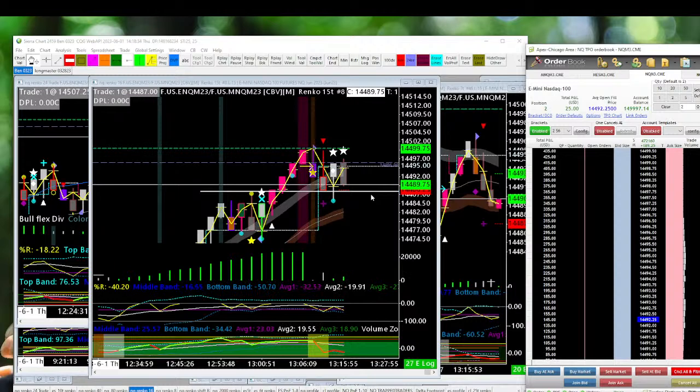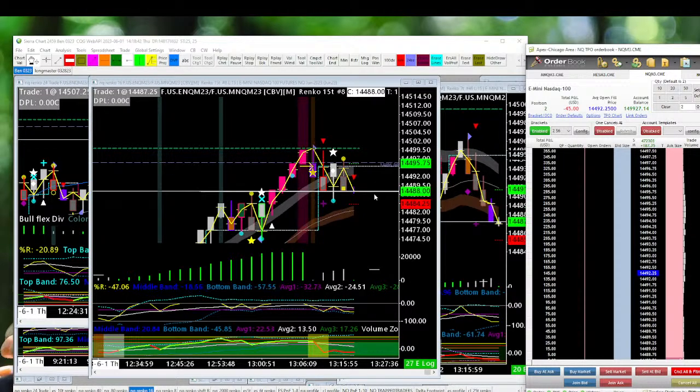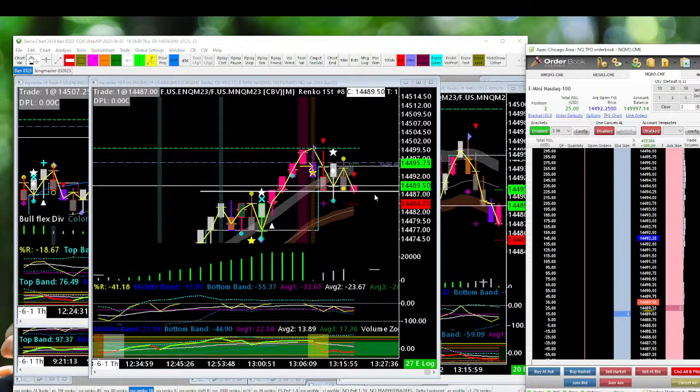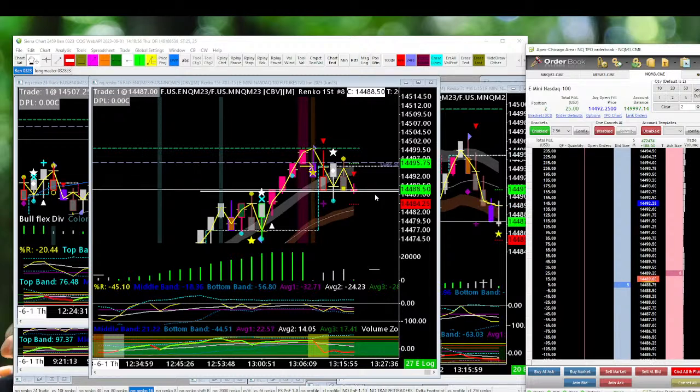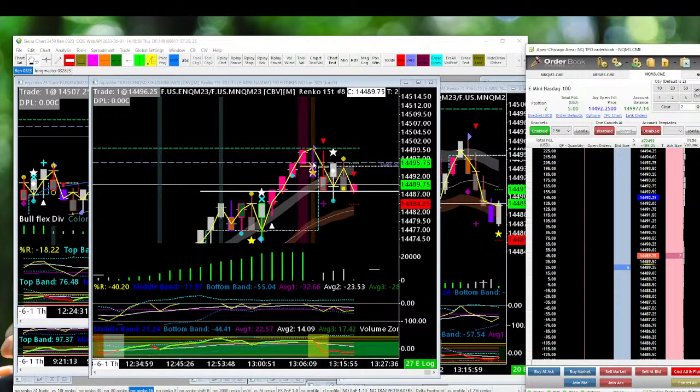It'll be a small stop, but not looking good. Yeah, that high should be really easy to beat.